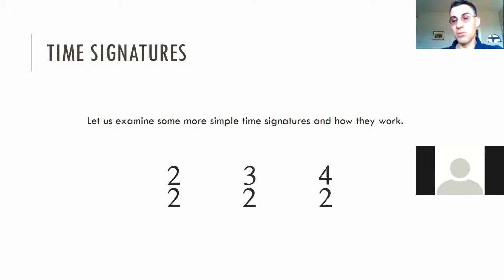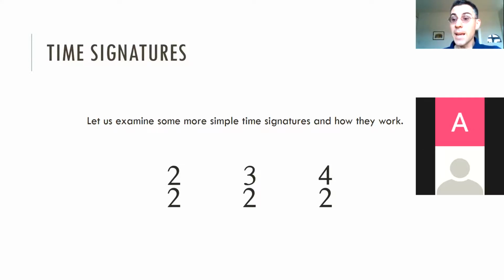So then we know that we're dealing with quavers. So if we say 4 divided by 2 for 2/2, what note value are we dealing with as the pulse? Minim. A minim, correct.